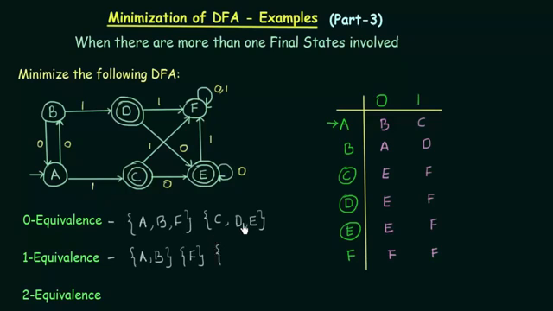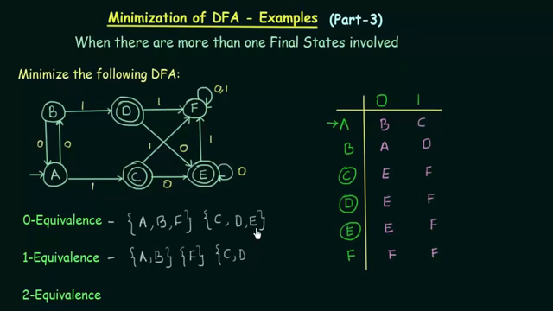Now let me check for C, D and E. First let me check for C and D. C and D, on getting input 0, go to E, the same state, so it is fine. And on getting input 1, they go to F and F, again the same state, so it is fine. So C and D are one equivalent to each other.